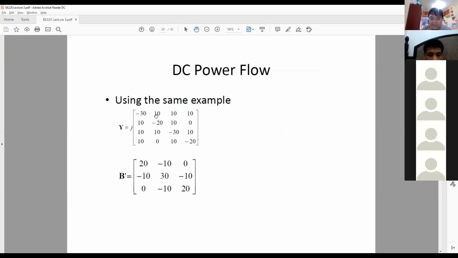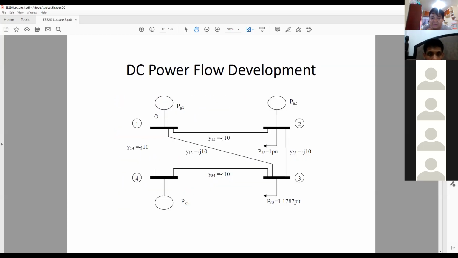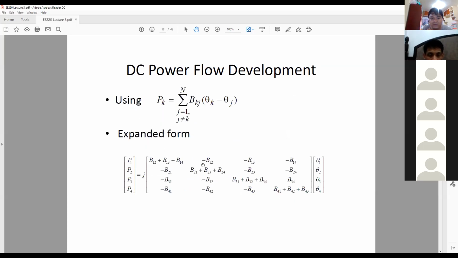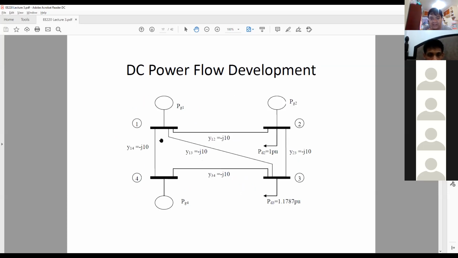How about yung off diagonal? Nagkataon lang equal lahat dun sa example, pero sa exam nyo magkakaiba yun. So, what is between bus 1 and bus 2? So row 1, column 2. Meron naman talagang transmission line between bus 1 and bus 2.